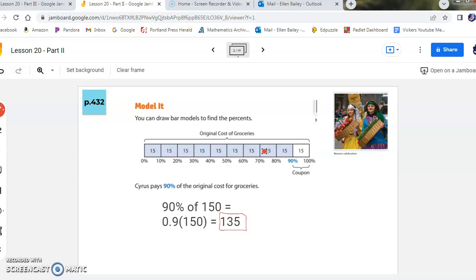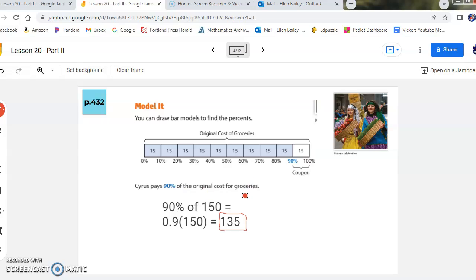We already know 10% is 15. So if you have 10% off, it's really the same as 90% of something. And I think this bar model shows it really quite well. Here's the entire thing. We're lopping off this 15. Well, that leaves 9 of them. So 90% of 150 is the same as 10% off.